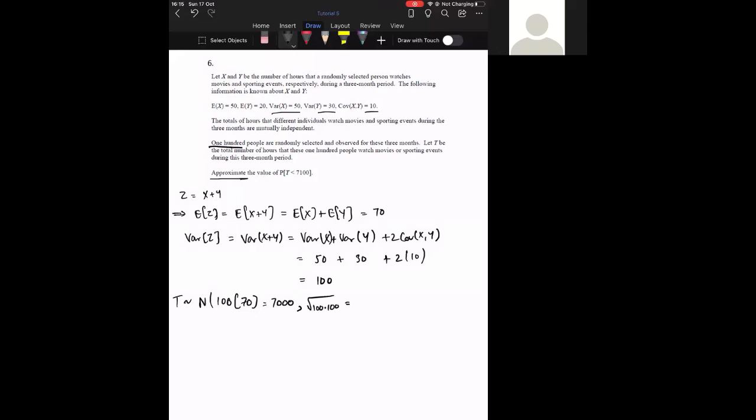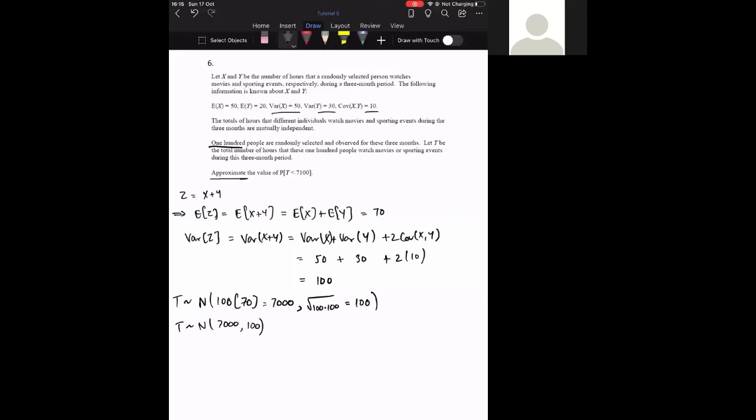The inner term is equal to 10,000 and its square root should be 100, so the standard deviation itself is also 100. तो हमारे पास आ गया कि T is normally distributed with mean 7,000 and standard deviation 100.